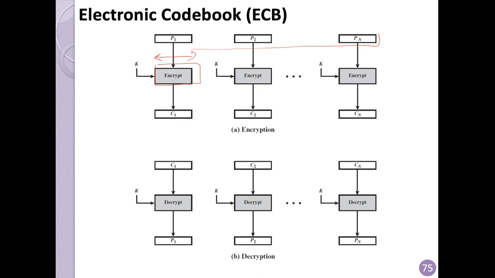For example, if we are talking about DES, the block size is 64 bits of data, and our data might be, let's say, 1 kilobyte of data, which if I convert it into bits is going to be way more than 64.